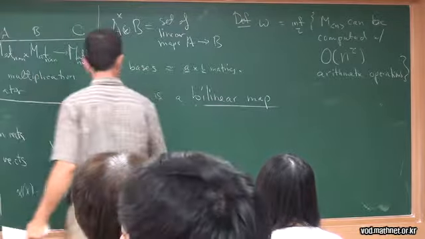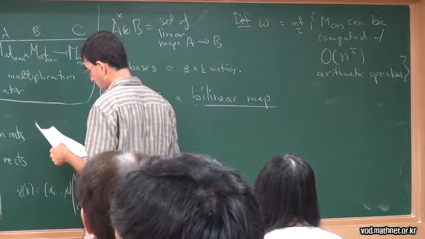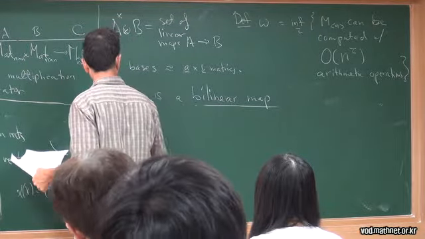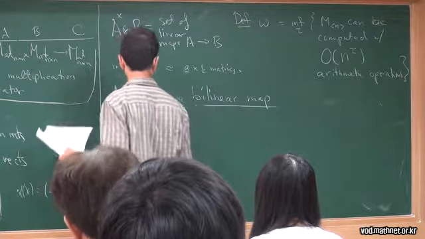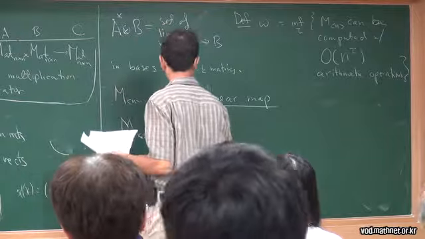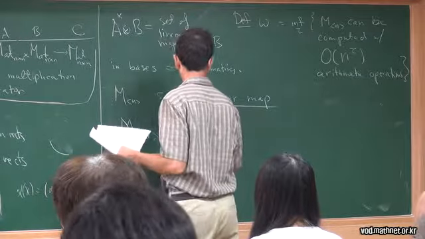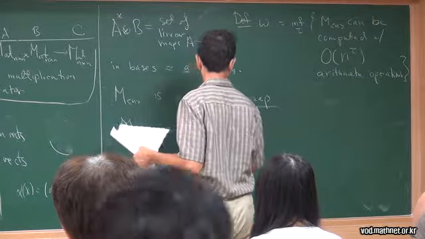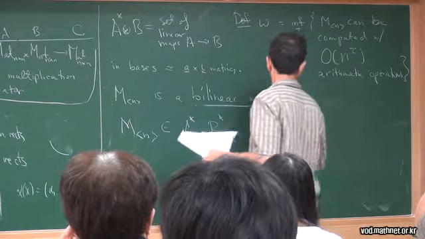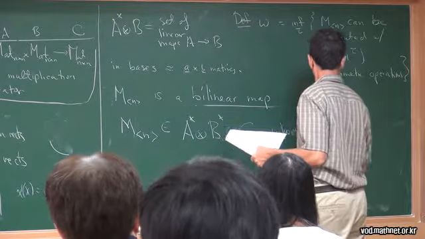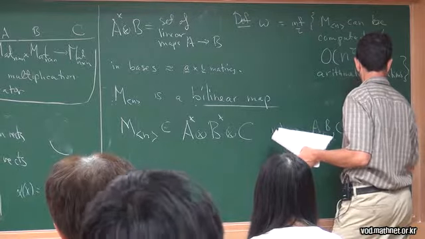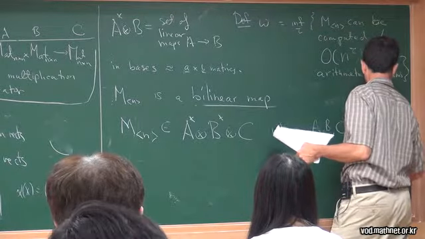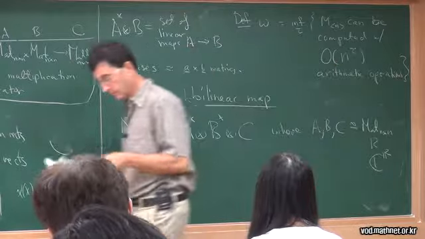And I'll let, so I will write Mn. If I write it this way, it will be an element of A star tensor B star tensor C, where A, B, and C are just the space of n by n matrices, which is just a vector space of dimension n squared.